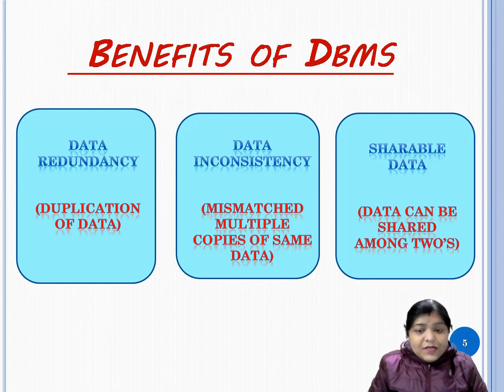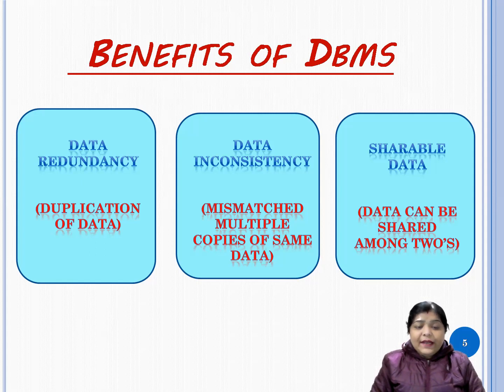Because we have keys, when we enter data one time, because one student has one admission number, if I put one admission number along with the updated phone number, next time when that student comes, I just search for the same admission number. So obviously that phone number is updated only along that entry. It means there will be no duplication of data when we use the DBMS.